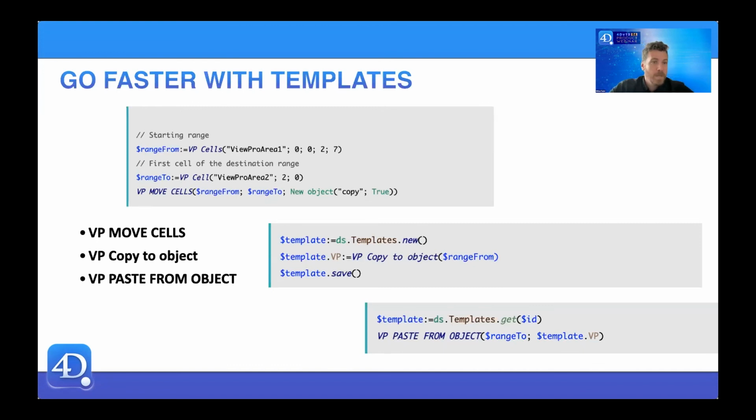Woof. Well, now you can simply copy portions of a 4D View Pro document and insert them into other 4D View Pro documents with these commands: move cells, VP copied object, and paste from object. It's a very powerful command that should help you to speed up 4D View Pro development.